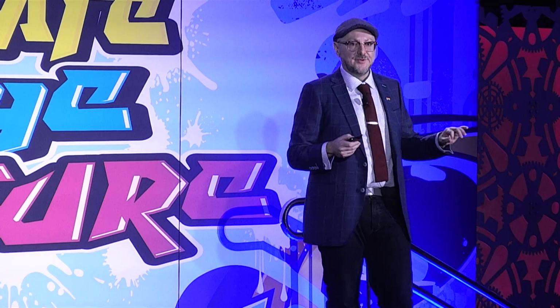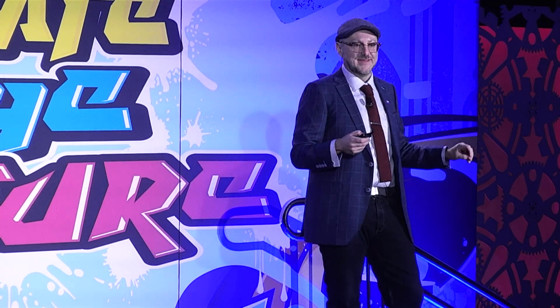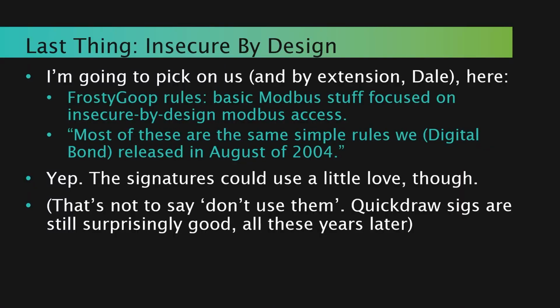We wrote some rules to see if somebody's trying to write to this particular register, with this particular unit identifier, and that's fine, but it also really sucks. Years ago, Digital Bond wrote a whole suite of protocol IDS signatures, part of what they call the Quick Draw project. And I love the Quick Draw project, don't get me wrong.